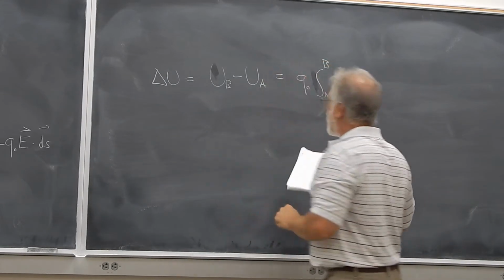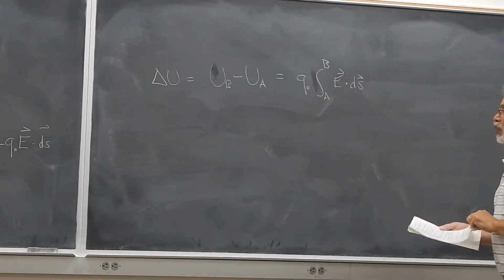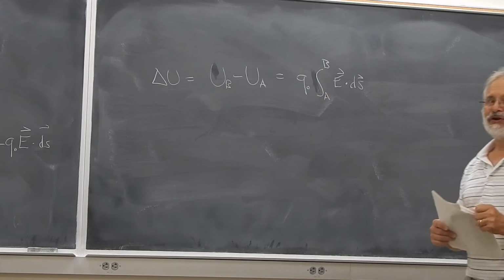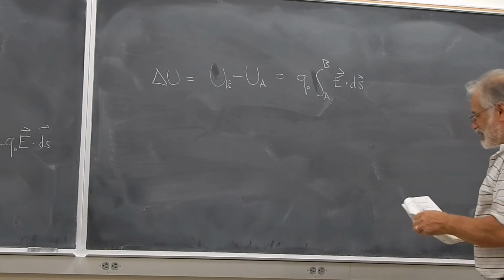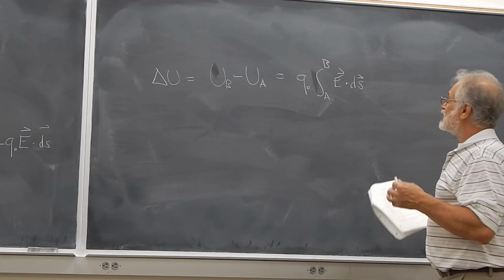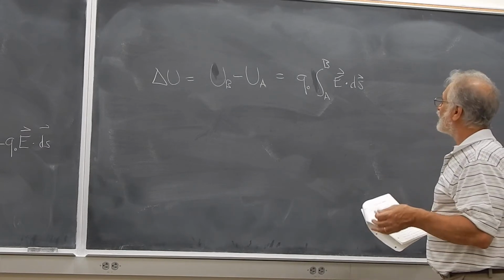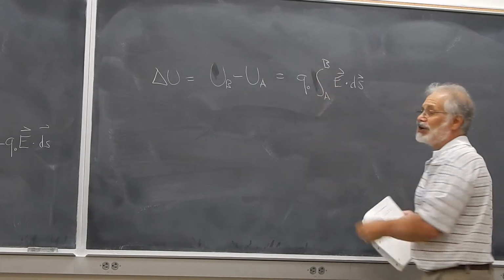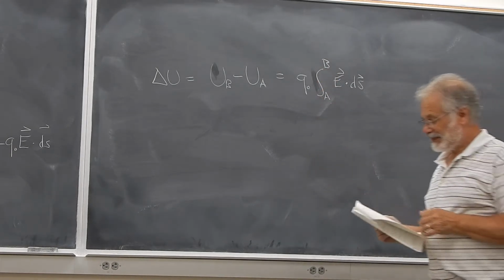This is what we call a path integral or a line integral. We're not going to be doing those in this class. We save those for the upper level class in electromagnetic theory. But happily for us, it's a conservative force, so the line integral is independent of path. It doesn't matter how you get from A to B, you're always going to get the same answer.